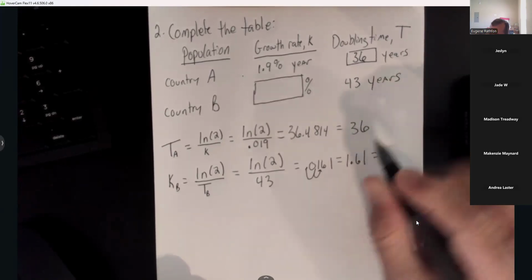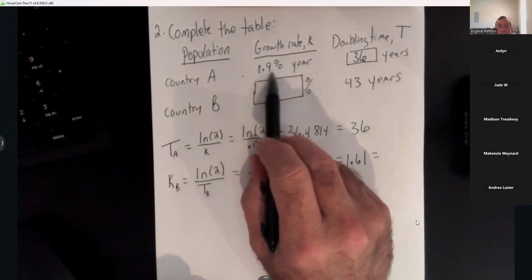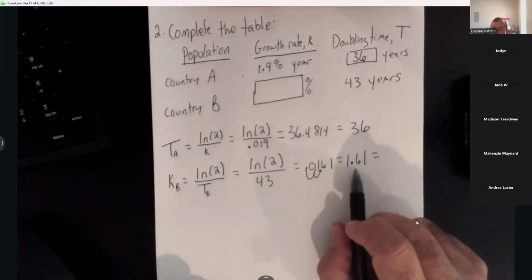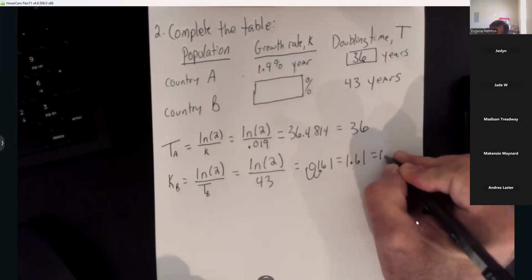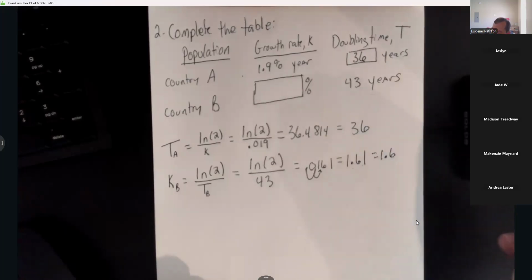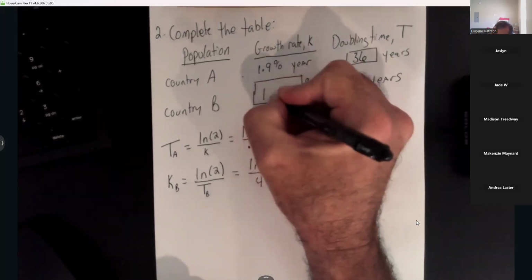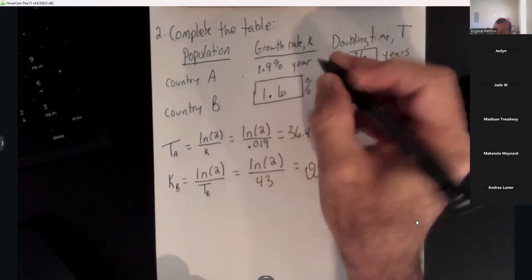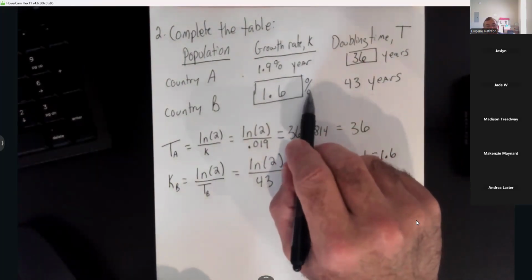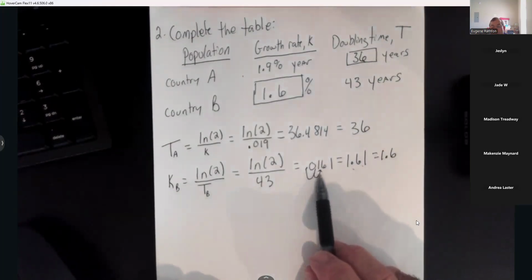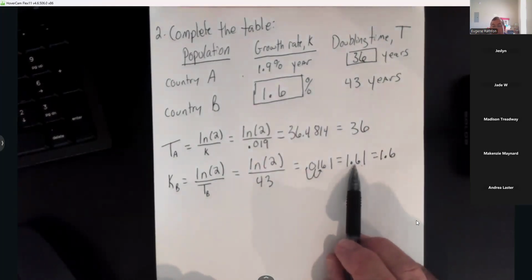And I get 1.61. But y'all notice, they're only going one decimal place. So this 1.61, I'm going to make that a 1.6. So you'll put 1.6 in the blank, and they've already got the percent sign. So convert it from a decimal to a percent.